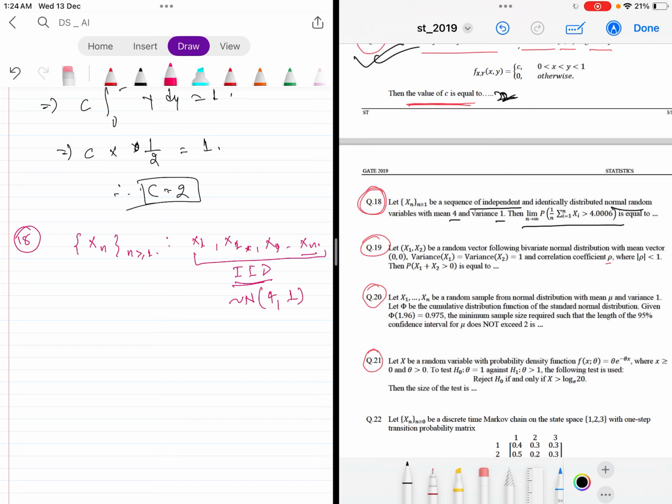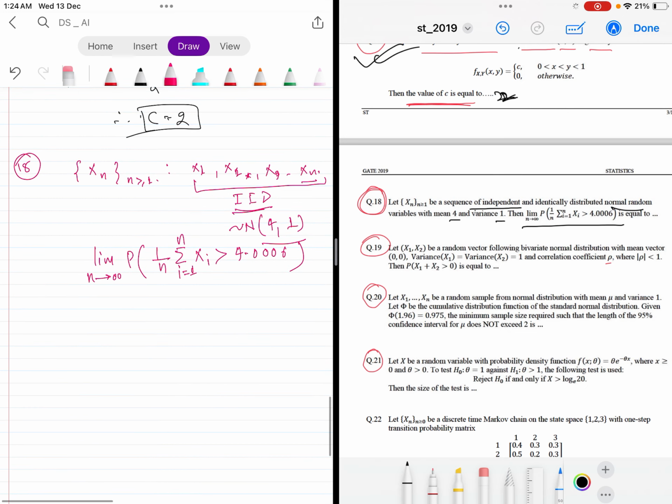Then we have to calculate this limit as n tends to infinity of the probability that 1 divided by n times the summation of Xi, i equals 1 to n, is greater than 4.0006. So let's focus first on the term inside.